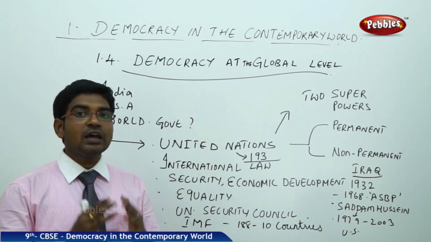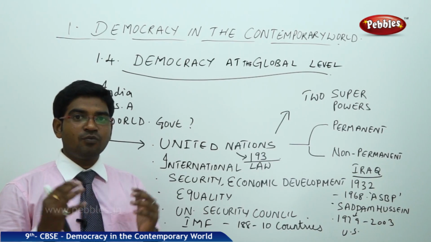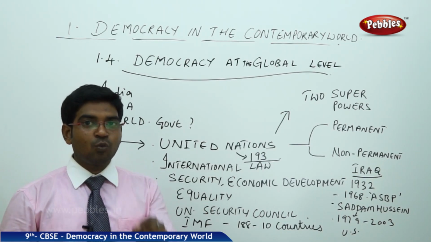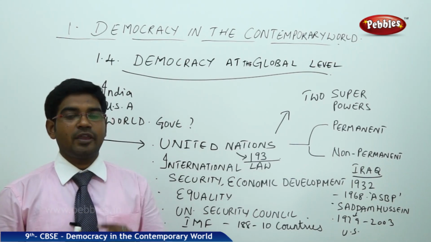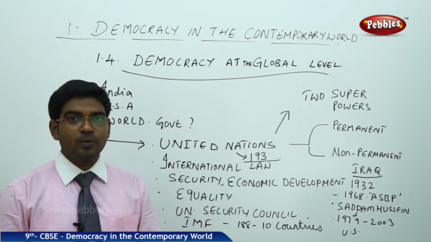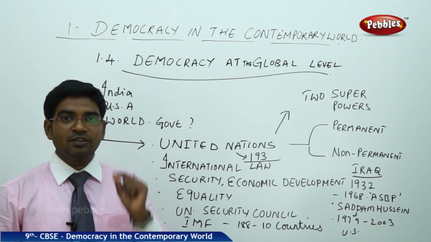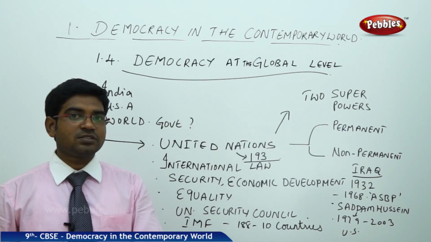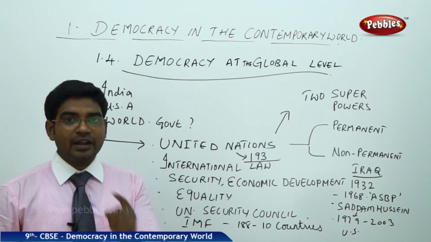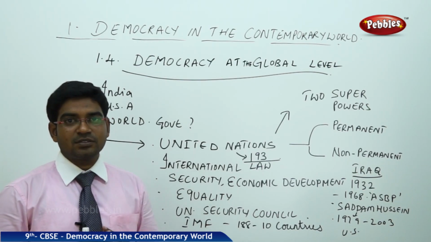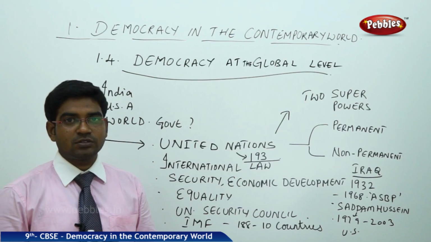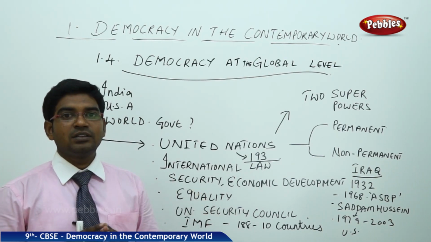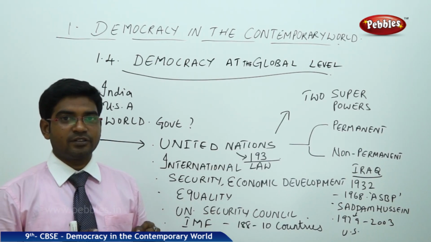As in democratic countries, where discussions happen with a voting structure, in a similar way any international issue can be discussed in the world body when it conducts its general meeting every December. Every country can put forth its opinions and cast its vote, so that based on the majority vote, the bill gets passed.